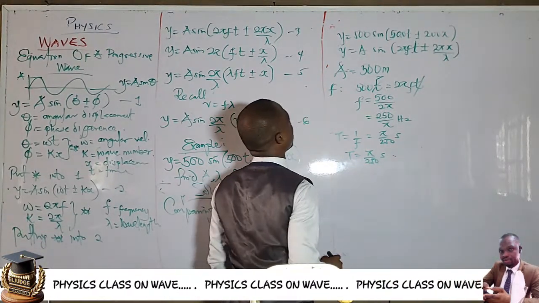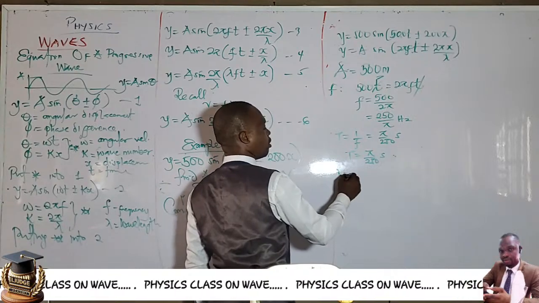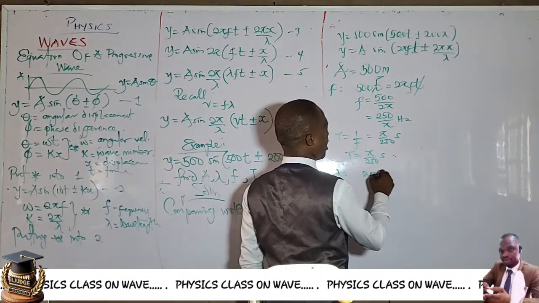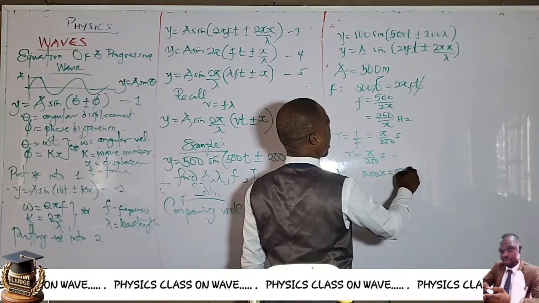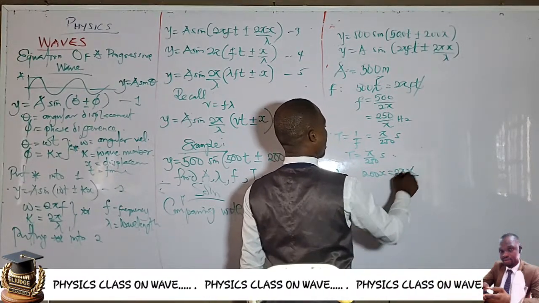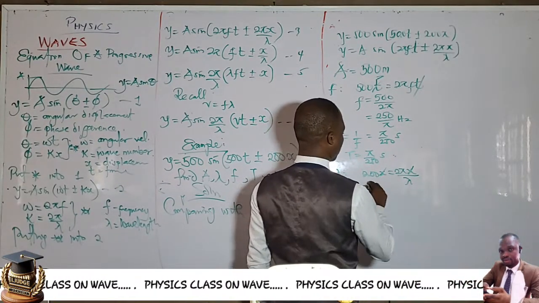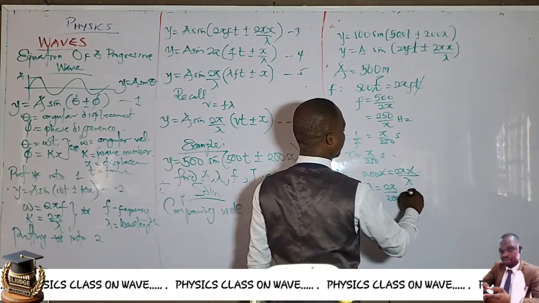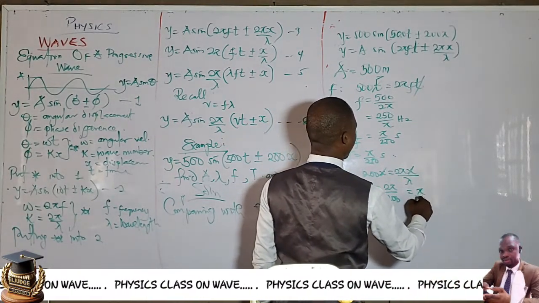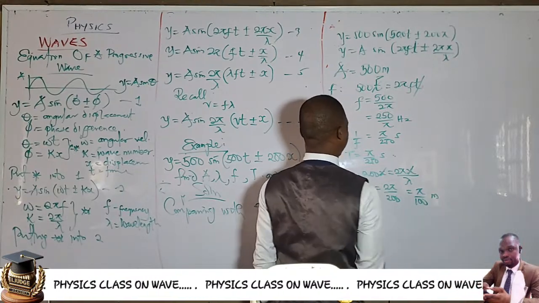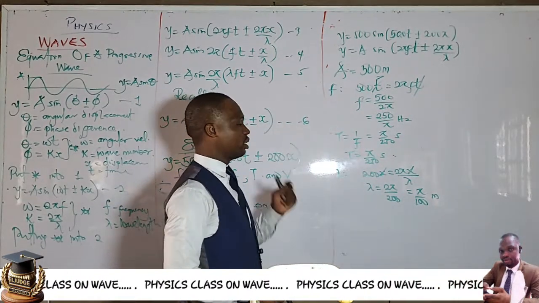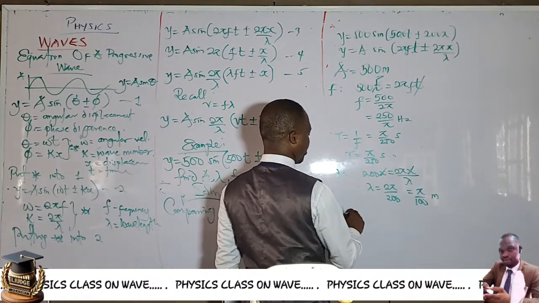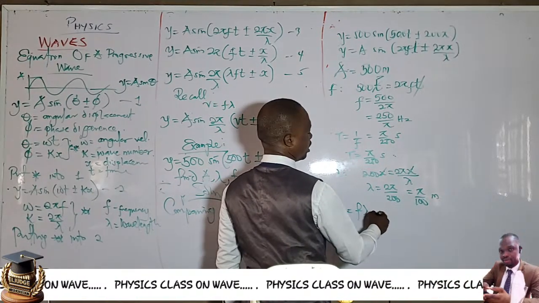That's all done. Then for lambda, we have 200 x equals 2 pi x over lambda. x cancels x, so lambda equals 2 pi over 200, which you can also write as pi over 100 meters. Please, you have to remember all the units. Then for the final one, which is the velocity, f lambda is our formula.